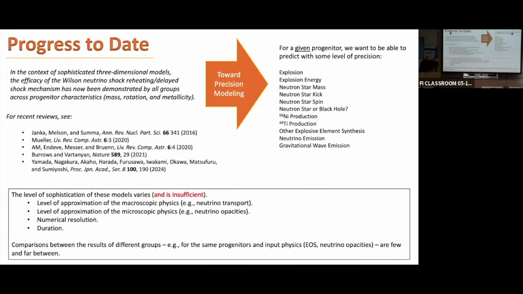And when she does, we want our models to be sophisticated enough, precise enough so that our predictions for that given progenitor for explosion energy, explosion outcome, nucleosynthetic yields, whether it leaves a neutron star or black hole behind, et cetera, will be accurate.